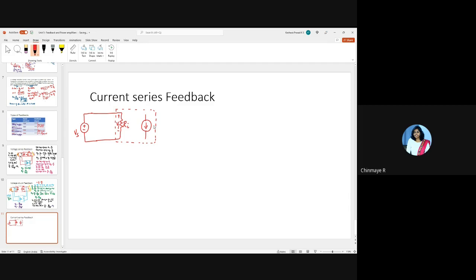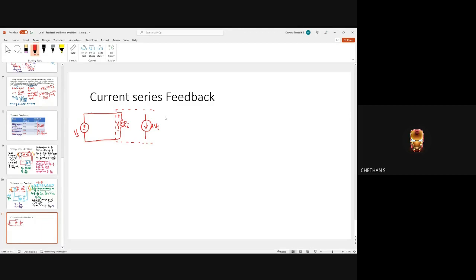Therefore, I can write this is equal to A times Vi. Correct? Now, how will the output impedance look like here? Will it be in series? Should I draw it in series like this?